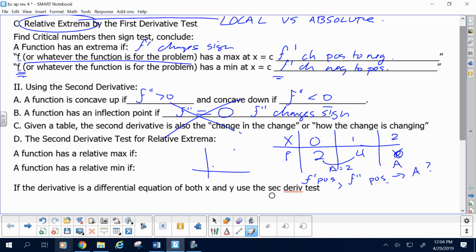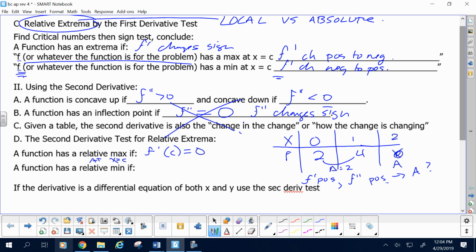All right, the second derivative test for relative extrema has 2 conditions on it, or 2 parts to the conclusion. A function has a relative max at x equals c if f prime at c is 0.